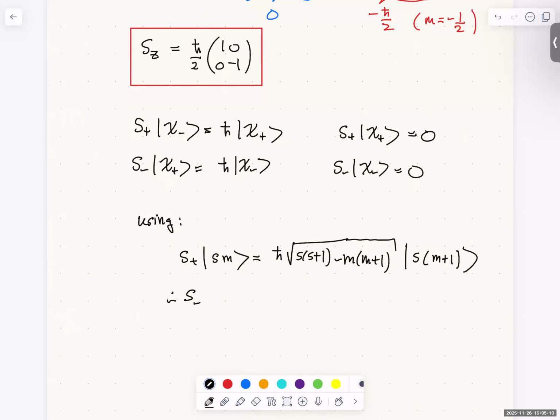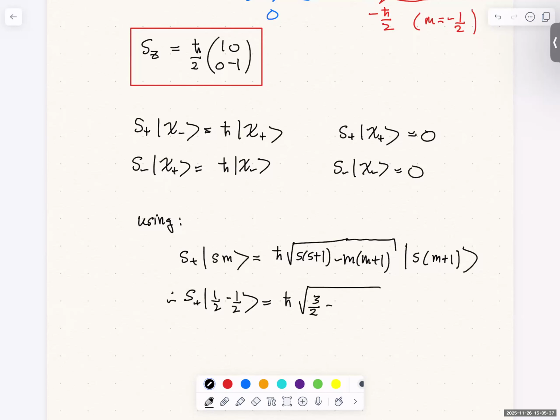Really, all we can do is act on the spin down state. I can't do the spin up state because I'm just going to get a 0. So let's try it and see what happens. We get H bar. And then S is always a half, so this is 3/2 times a half. So it's 3/4.